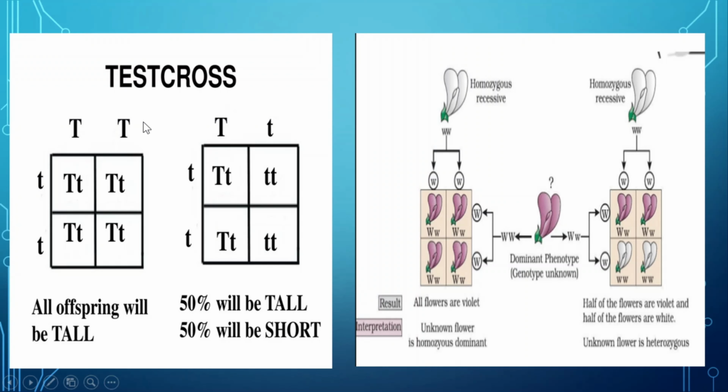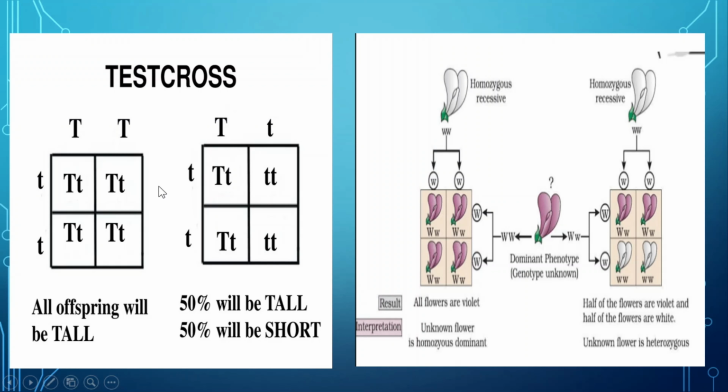Test cross is a type of back cross, because here one parent is from the F1 generation and the other parent is the recessive one. We are taking from the back the recessive parent, and that's why here we can see capital T and small t from the F1 generation, and this small t from the back parent.